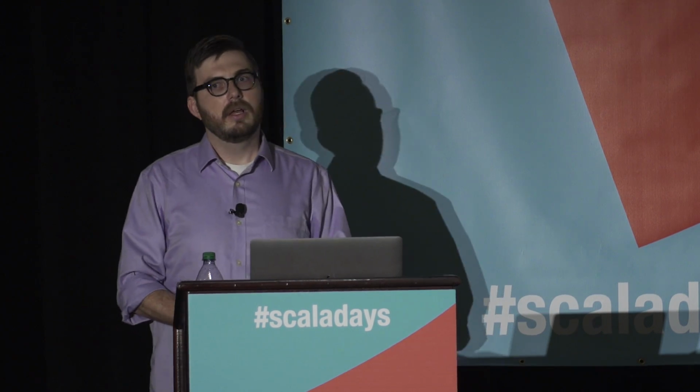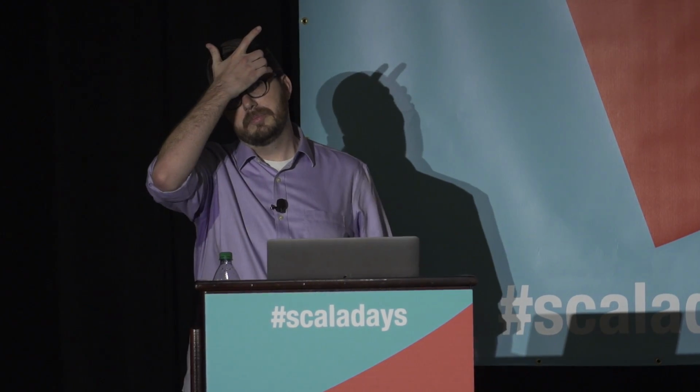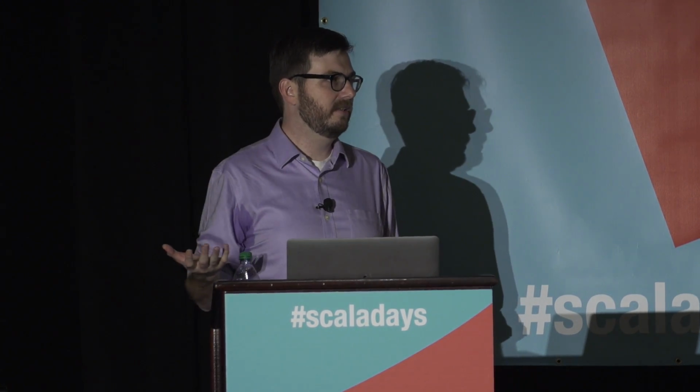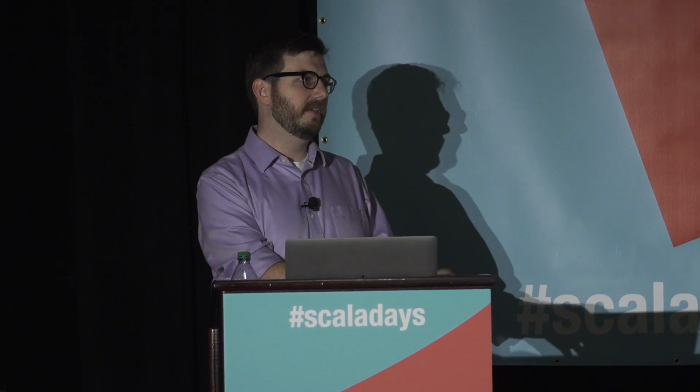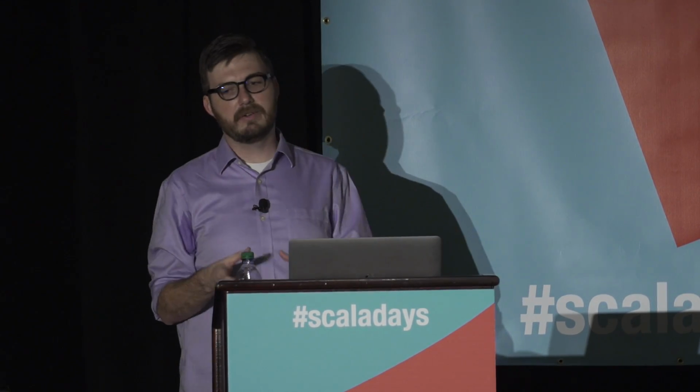Could you talk a little bit more about integrating Rust with other languages, particularly JVM languages? Yes, absolutely. So there are of course two directions of integration, right? There's you've written a Rust component and now you want to call it from the JVM, and you've written a Rust component and it needs to call into your JVM-based code.